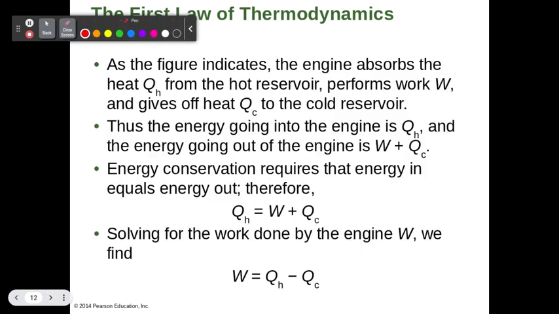So QH is equal to work plus QC. And we can just rearrange that then to find that work is equal to the heat added to the hot reservoir minus the heat released to the cold reservoir.